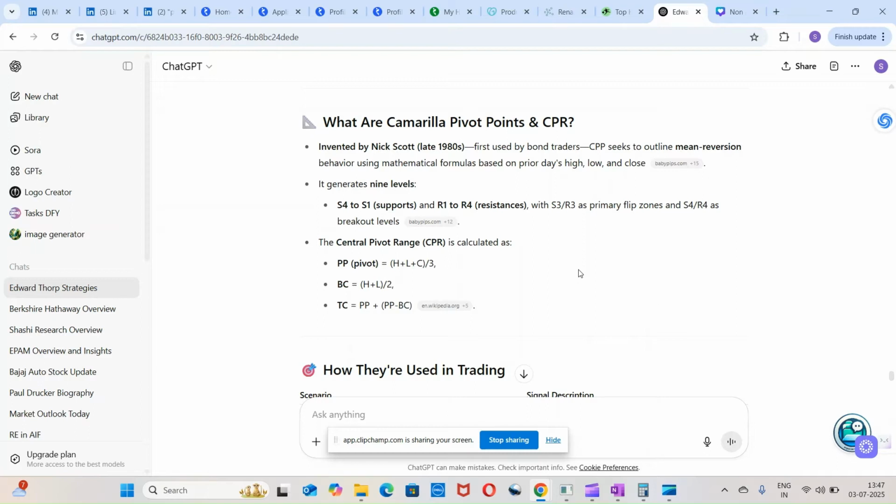Mean reversion is when a price moves away from the mean, it has a tendency to come back to the mean. The price moves away from the mean due to speculation and or a supply demand imbalance between buyers and sellers. It moves away from the mean, but again it has to come back, because the mean is the ideal price.